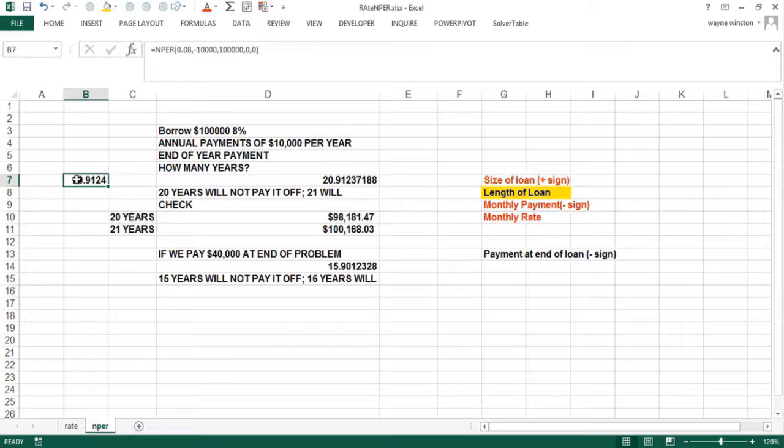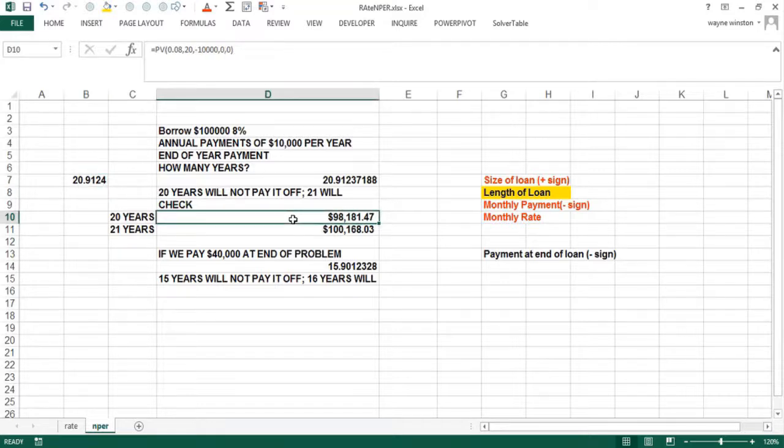So what that means is 20 years would not be enough to pay off the loan. 21 years, at 10,000 a year, would overpay the loan. And basically, if you interpolate, like the present value of paying 10,000 a year for 20 years, and paying for 21 years, you could figure out roughly 9/10 of the way between 20 and 21 years that loan would be paid off. So you can check here.